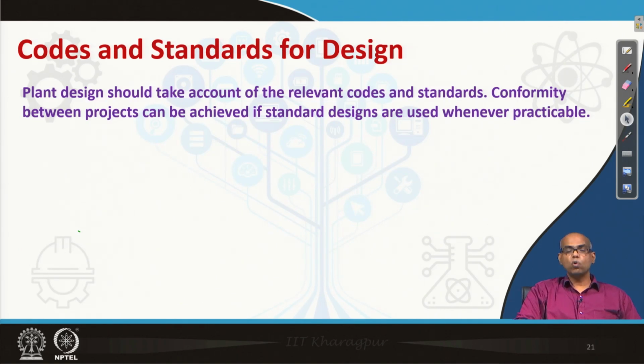Now, let us talk about codes and standards for design. Plant design should take account of the relevant codes and standards. Conformity between projects can be achieved if standard designs are used whenever practicable.